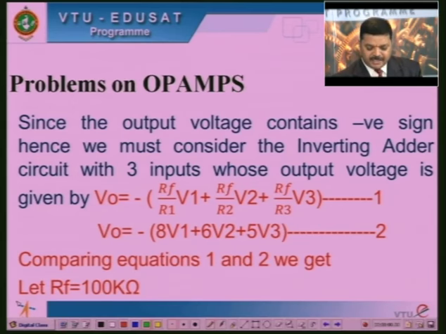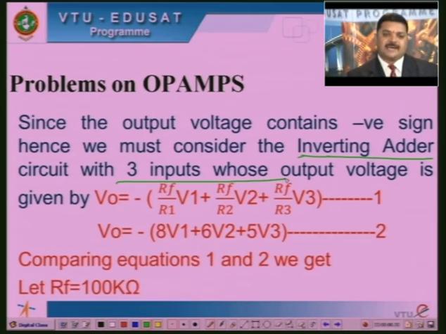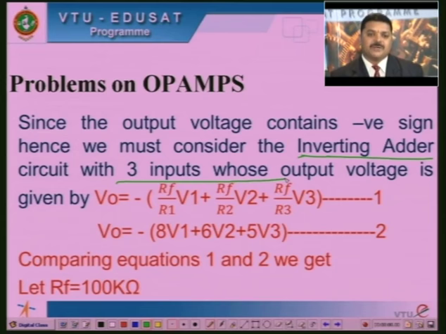I have written here: inverting adder circuit with 3 inputs, whose output voltage is given by, you must remember the output voltage expression of an inverting adder circuit which we derived in the last class, V naught is equal to minus of Rf by R1 into V1 plus Rf by R2 into V2 plus Rf by R3 into V3.